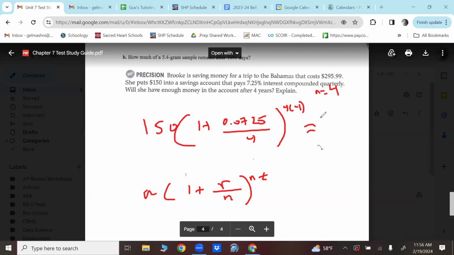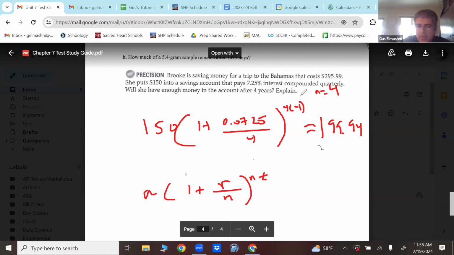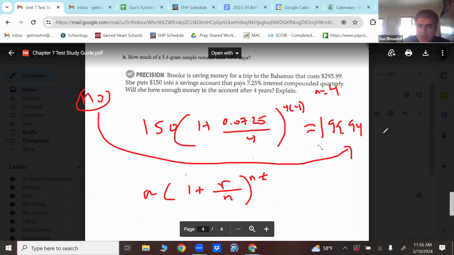Let's see here. $199.94. Okay. So no, not enough, because that's less than what she needs for the trip.